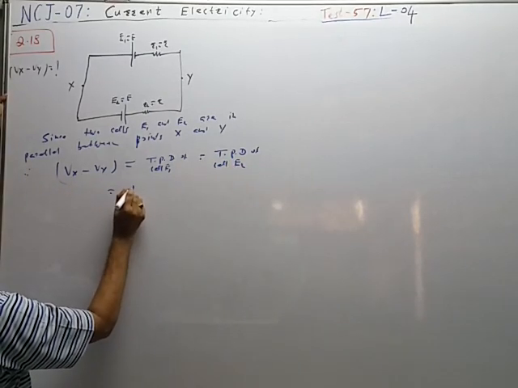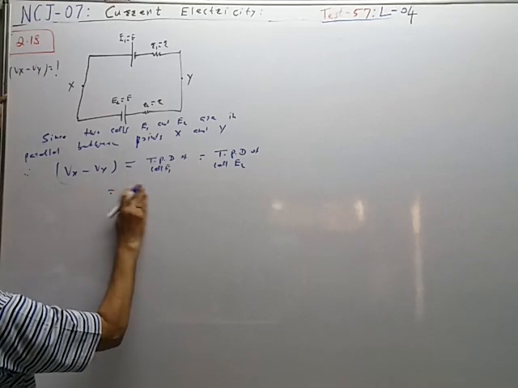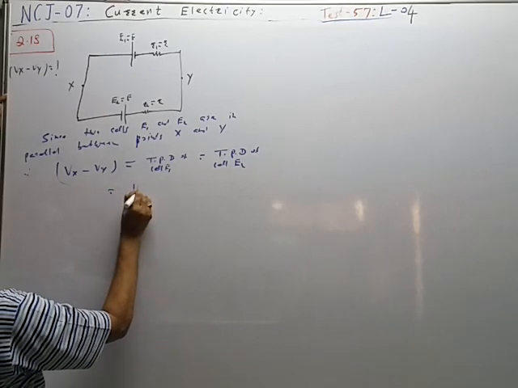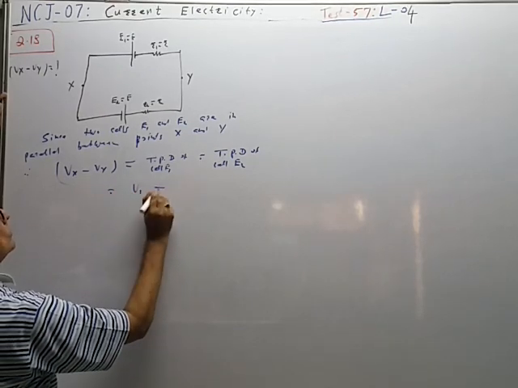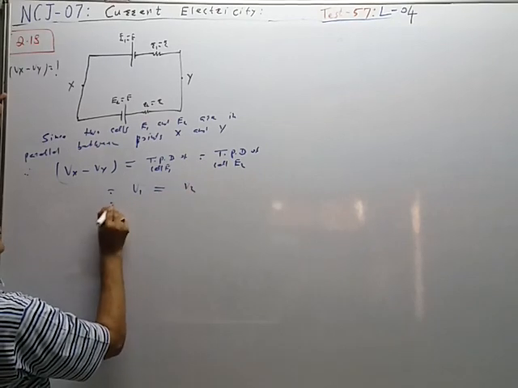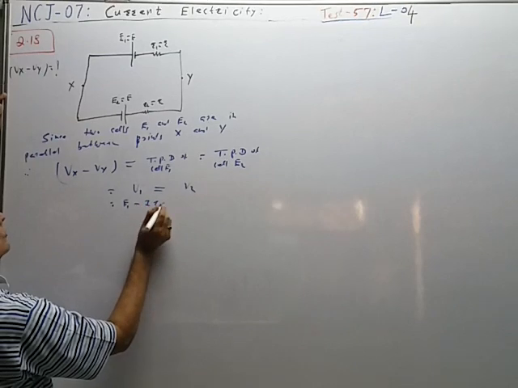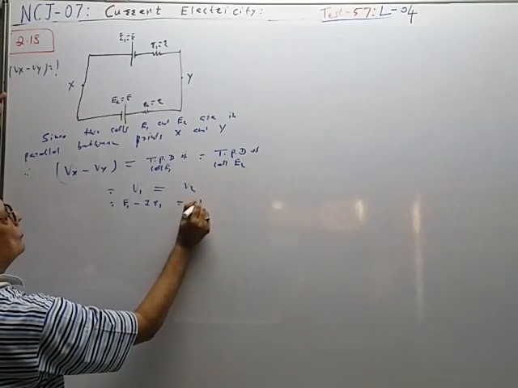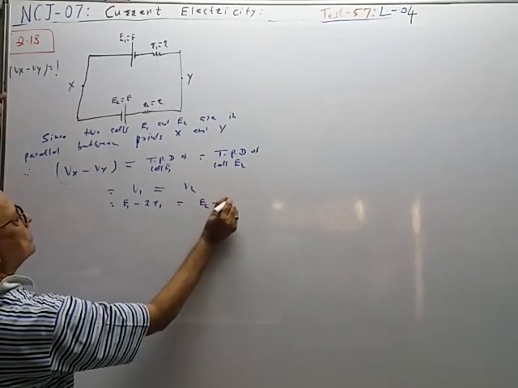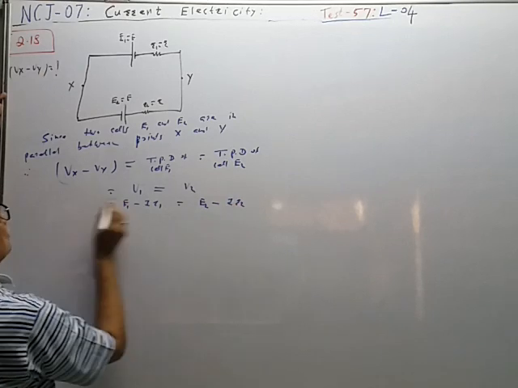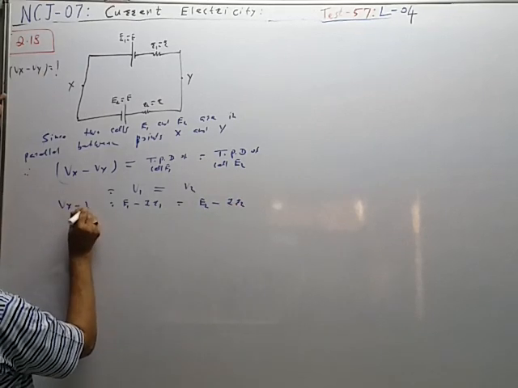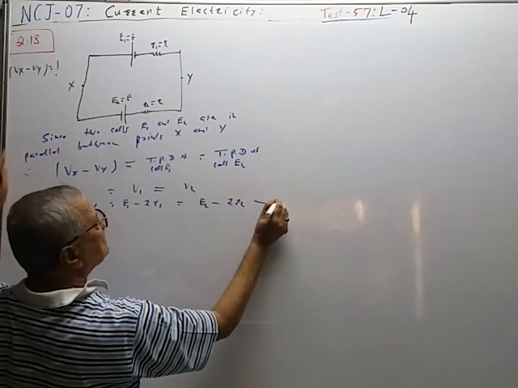Therefore V1 is equal to V2 is equal to E1 minus I into R1 is equal to E2 minus I into R2. So this is equation capital A.